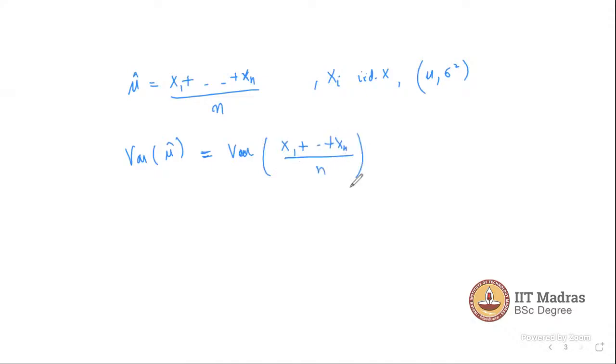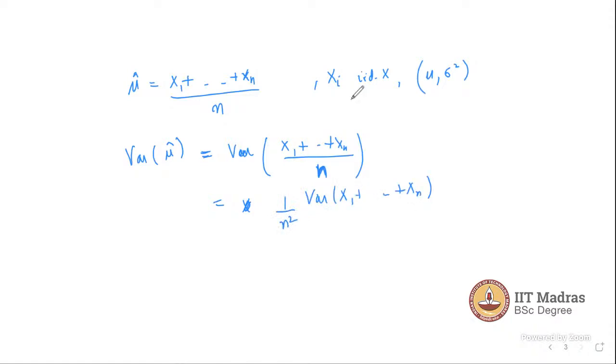x1 by n whole square. 1 by n square into n into variance of x. Yeah, right. Since 1 by n is a constant, it comes outside as 1 upon n square. Inside we have the variance of x1 up to xn.